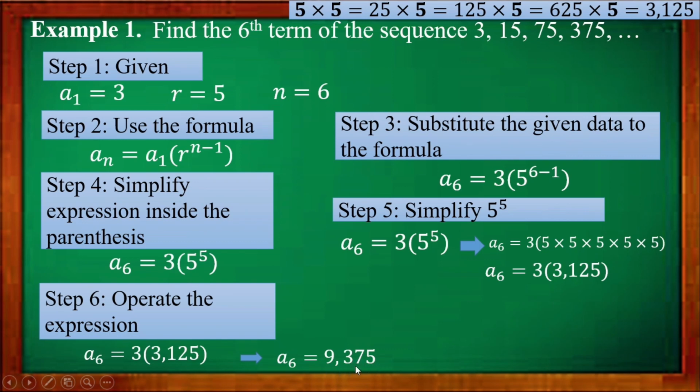So, why we come up with 9,375? So, we multiplied 3 to 3,125. And therefore, we can conclude that the sixth term of the sequence is 9,375.